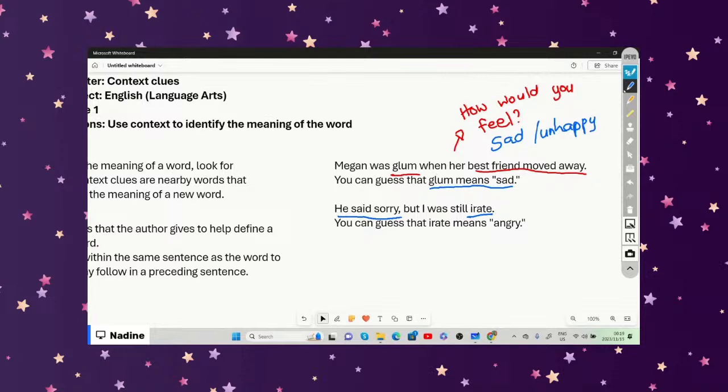But now in this sentence, the context clue says, he said sorry, but I was still irate. So how would you feel? You ask yourself, how would you feel?